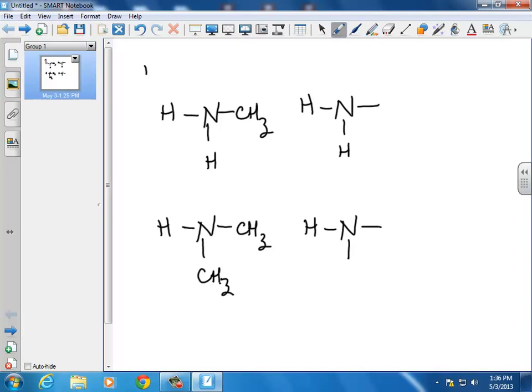Okay, so let's look at example 1. This is going to be a primary amine. Primary amine, because it only has one carbon group that's attached to the nitrogen.